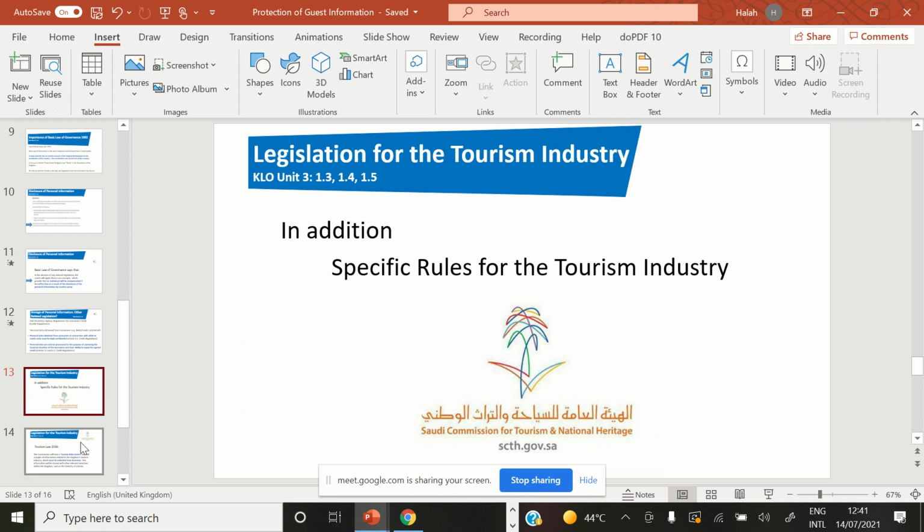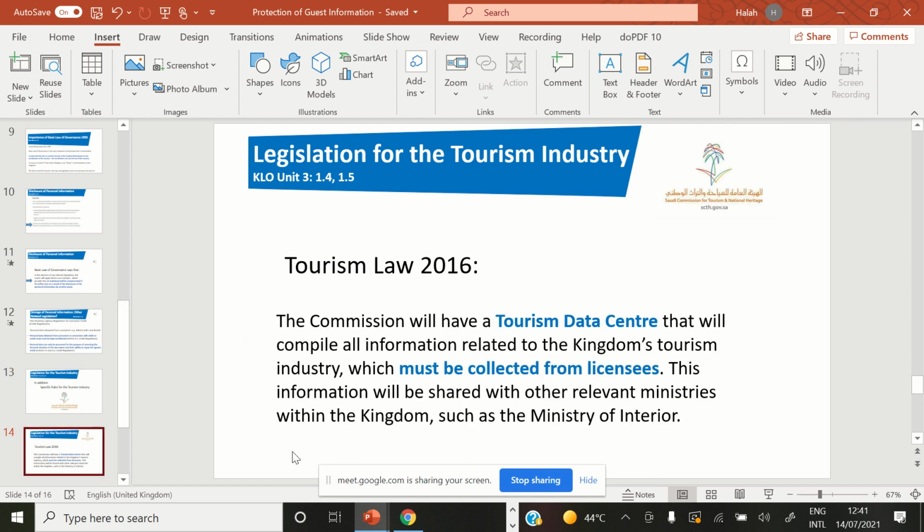Specific rules for the tourism industry: the information must be collected from licensed sources. This information will be shared with other relevant ministries. So we can share as a hotel the information of the guest only with the legal authorities, the other ministries.